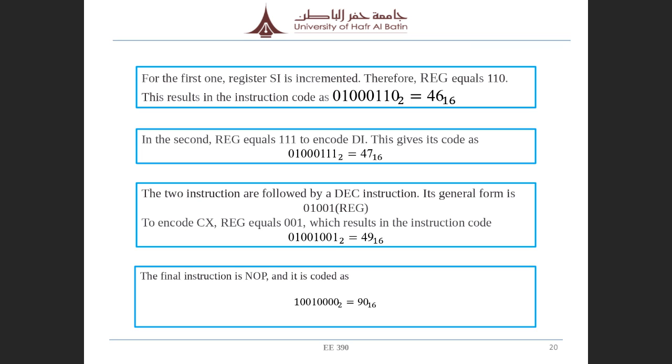You can see jump on not equal or not zero. What is the machine code for this one? 0111 0101.